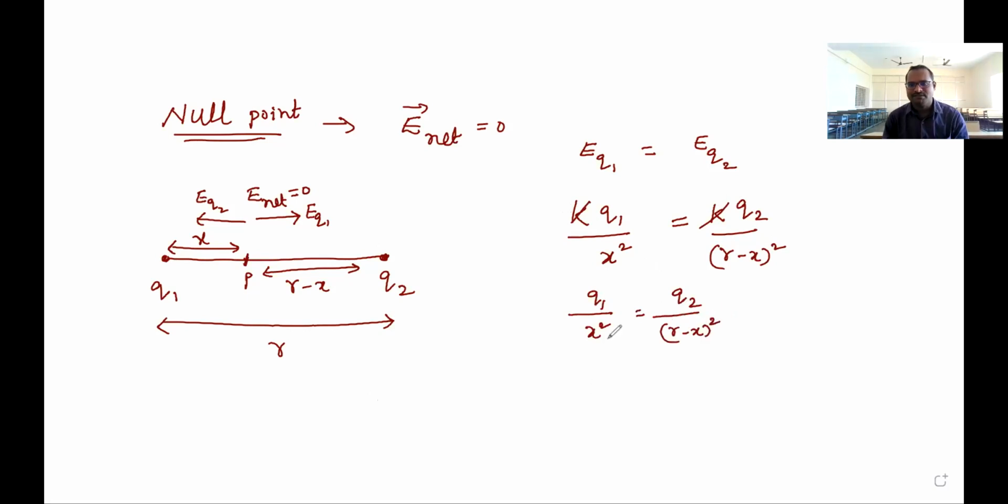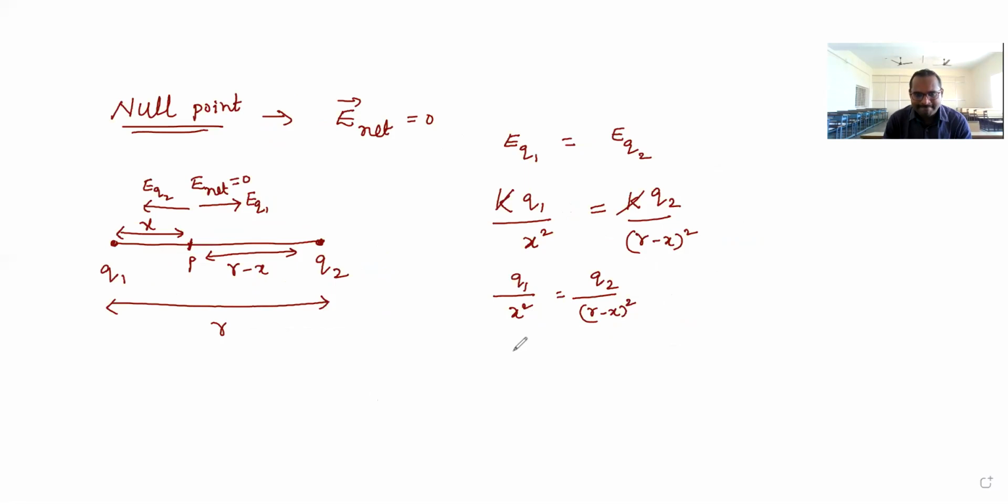Clear? Now, this one can be written as r minus x whole square divided by x square is equal to Q2 by Q1. Can we write like this? Yes, correct. Cross multiply and you will get the answer. And this can be written as r minus x by x whole square.